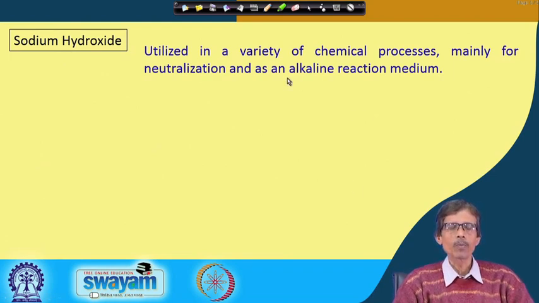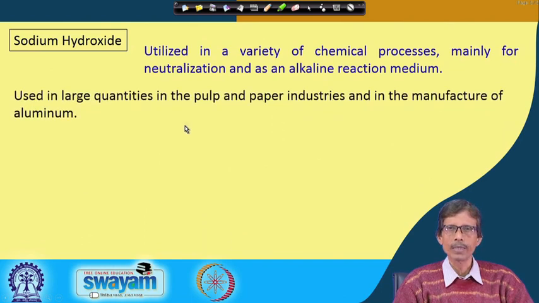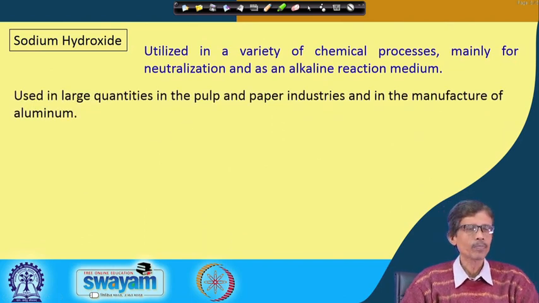So, different chemical processes benefit from the use of this sodium hydroxide, and mainly it is utilized for neutralization or as an alkaline reaction medium for different types of reactions. In large quantities it is still used in the pulp and paper industries and in the manufacture of aluminum.